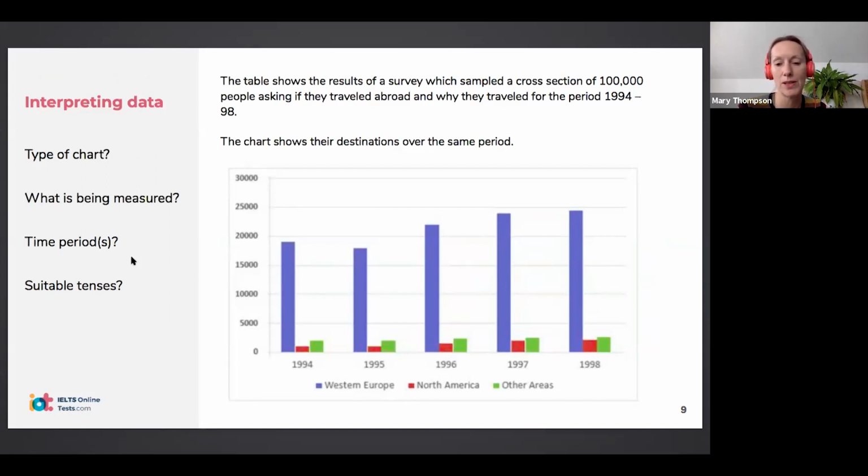So you can see at the bottom is Western Europe, North America, and other areas. What are the time periods? Yeah, that's right. So it's 94 to 98 again. So it's really talking about the same types of people here. Suitable tenses for this one? Past, that's correct. Good.